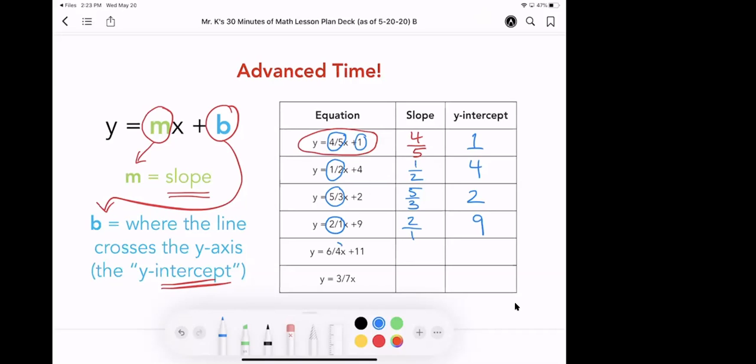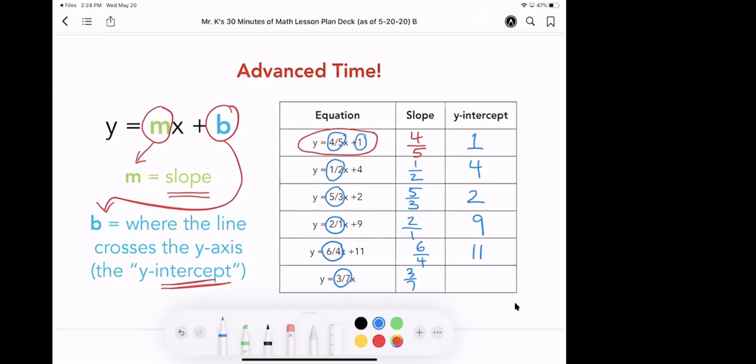Next one has a slope of 6/4, meaning it's going to rise 6, run 4, and it's going to cross the y-axis at 11. And the last one has a slope of 3/7. And where is it going to cross the y-axis? Tricky one here. Let's see if you guys can figure that out.